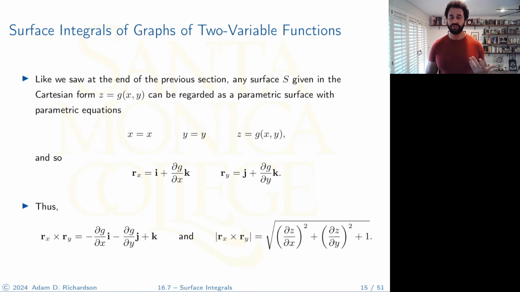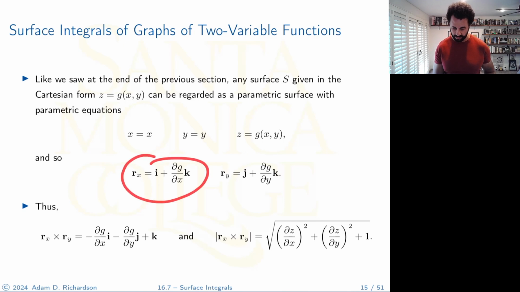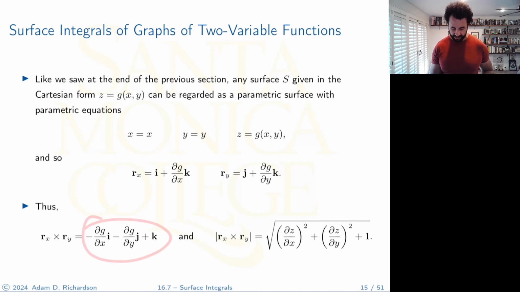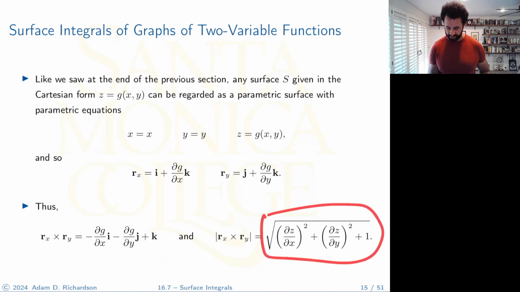And if you use the same things we talked about in the previous section, these will be your partial derivatives with respect to x and y. This will be the cross product you get. That's going to be the outward normal vector. It's not a unit vector, but it is the outward normal vector. Take the magnitude of it and you get this. And so now we're recovering that surface area formula, right?